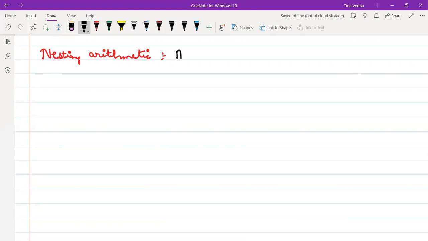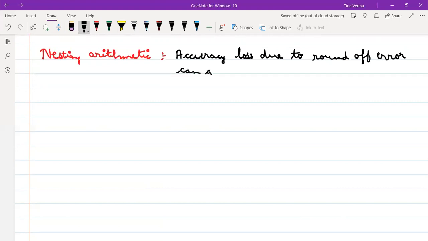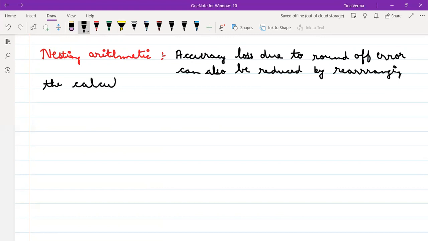So it means accuracy loss due to round off error can also be reduced by just rearranging the calculations. So we will continue with this example.